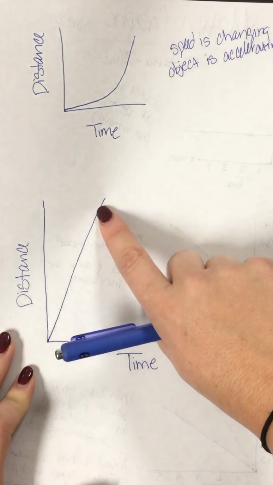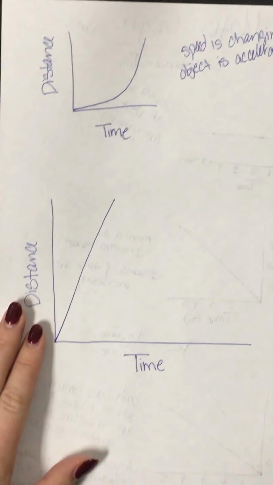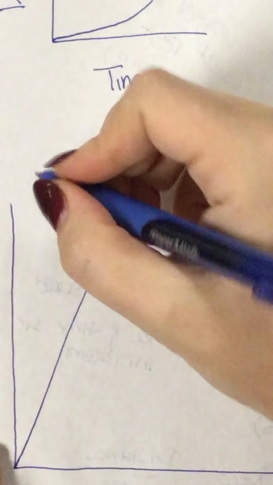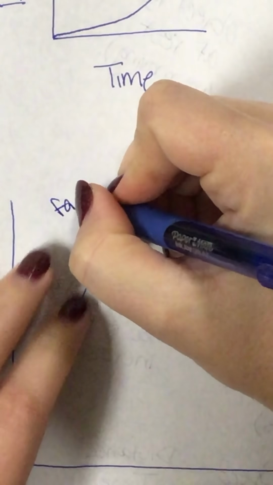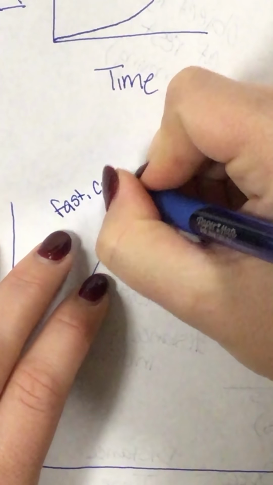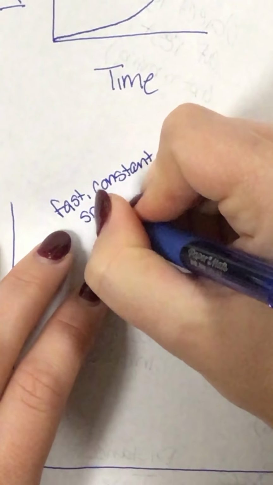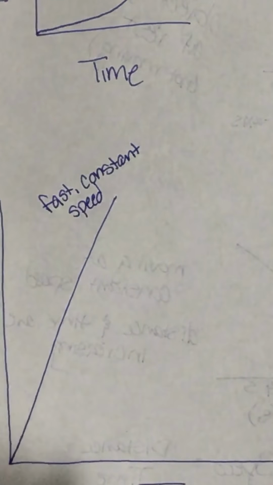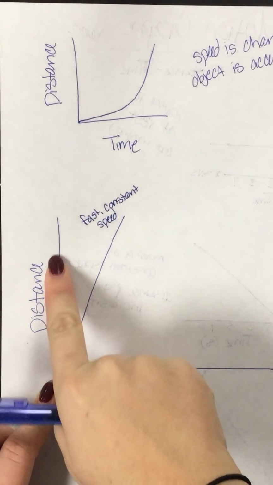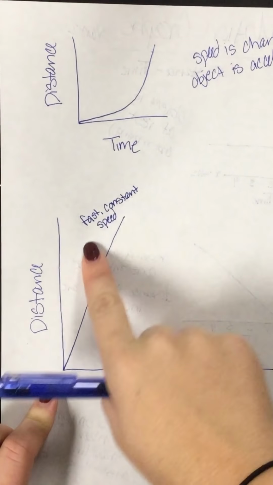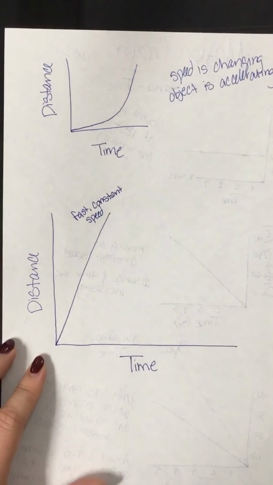And because of the steepness, we know it's moving quickly. So I'm going to write that this is a fast, constant speed. It goes a large distance in a short amount of time, which we know would be a fast, constant speed.